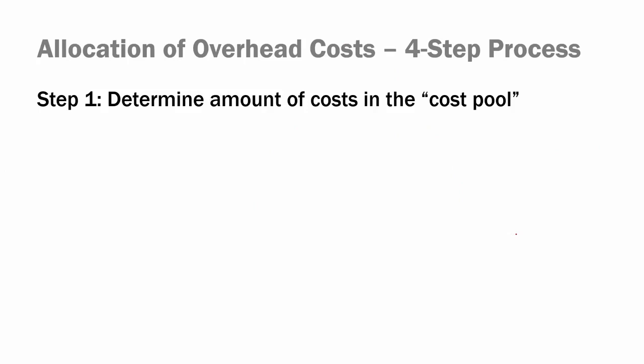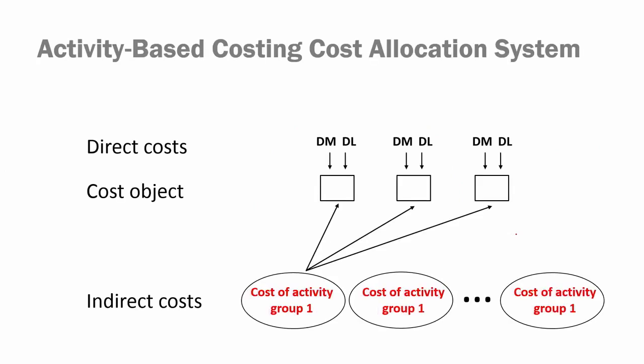Well, we start by identifying the key activities that take place in the production process. Activities include things like maintaining equipment, setting up equipment to make a batch of a product, taking orders from customers, ordering material from suppliers, shipping finished products, and I could go on and on. But then what we do is we put the cost of each activity group into a cost pool.